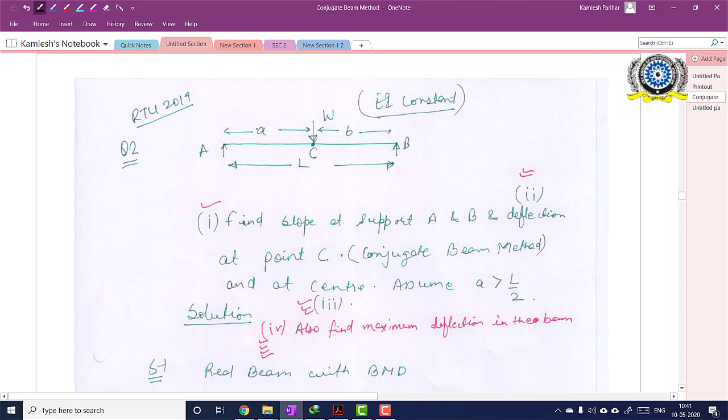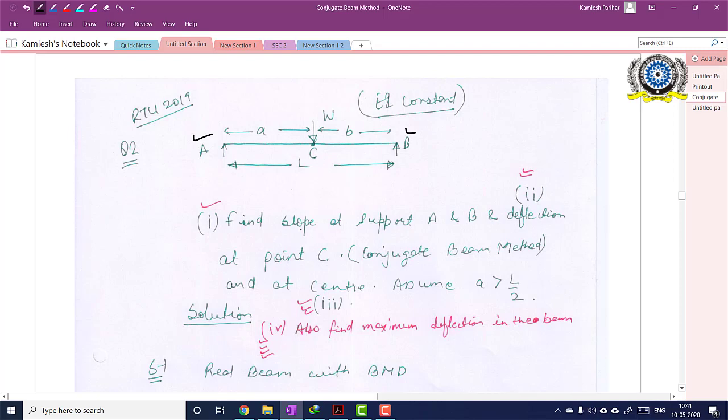So what the question is, as you can see on the screen, there is a simply supported beam AB, and EI is constant for this beam. There is a point load W acting at the point C at distance a from the support A and at distance b from support B. Now what I have to find out?